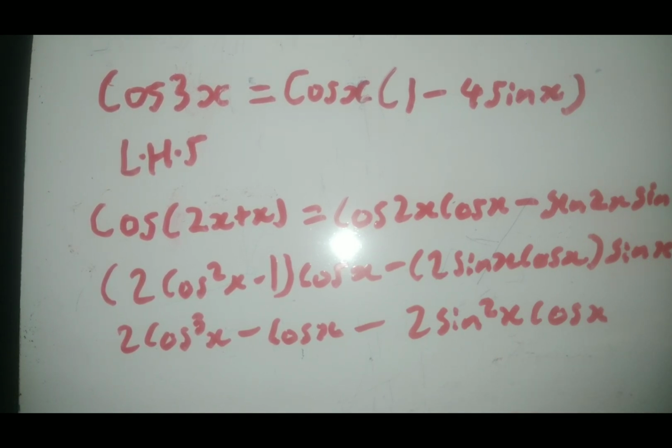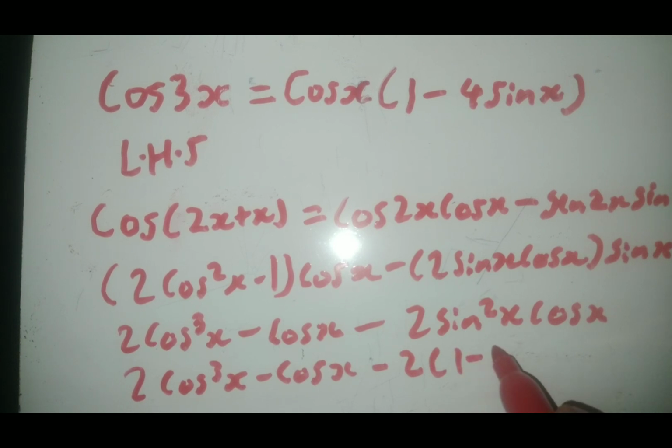And guess what? If you notice, this is cos, sine, cos. So all of them are speaking the cos language, but this one is not speaking the same language as the other ones. So it means we have to change this so that it can speak the same language as the rest. So then this one is just cos cubed. It will remain the same, minus cos x minus 2. Then we have to expand this.